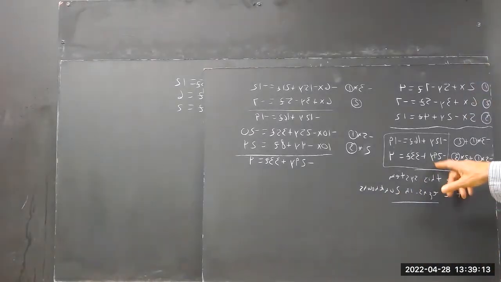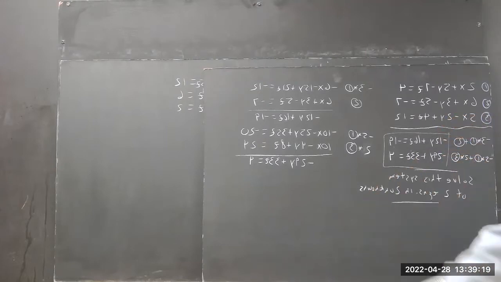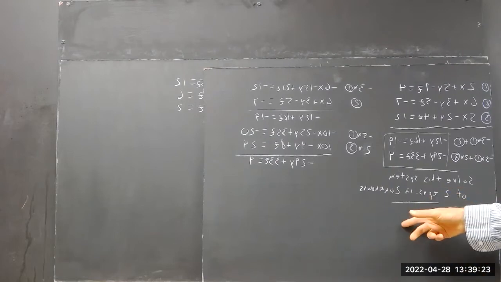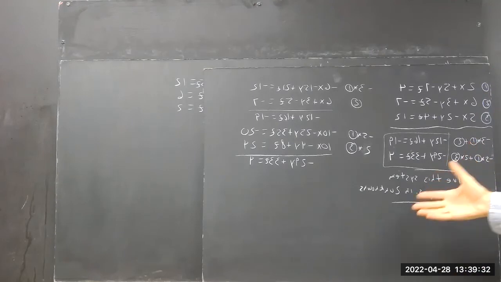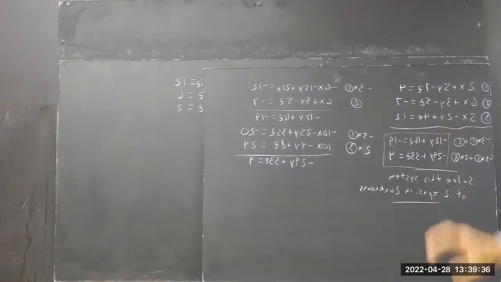I'm going to get a y and a z. Okay? And I'm just going to use the process of solving 2 equations and 2 unknowns. I'm going to get y and z, which I can then plug back into any one of these equations and solve for x. So I'm not going to do that. That's the process. I'm assuming you know how to solve 2 equations and 2 unknowns. Okay.